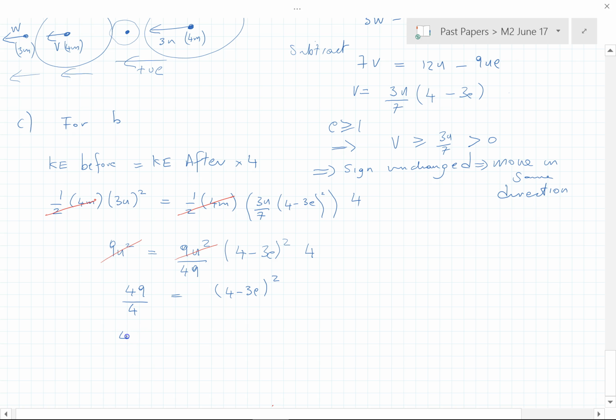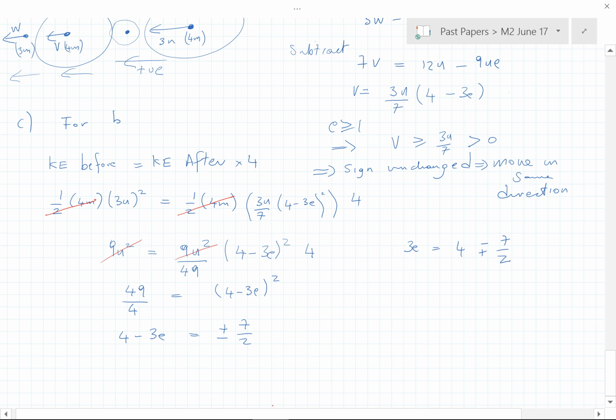Now I'm not sure whether the positive or negative one aspect of this square rooted is going to be required, so I'm going to write it as this to be careful at the moment. Rearranging that, I get 3e is equal to 4 minus or plus 7 over 2.